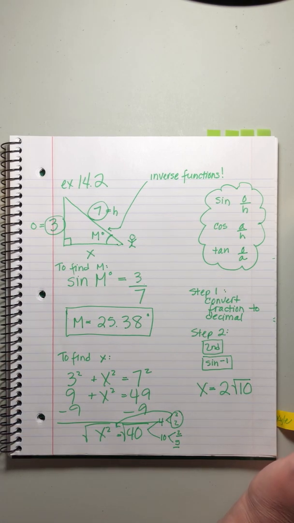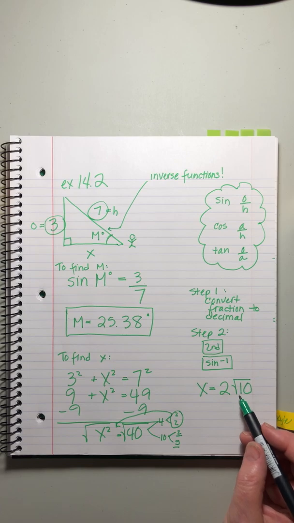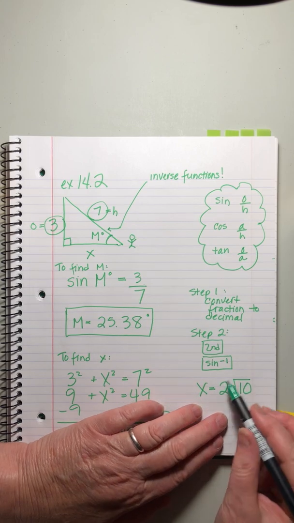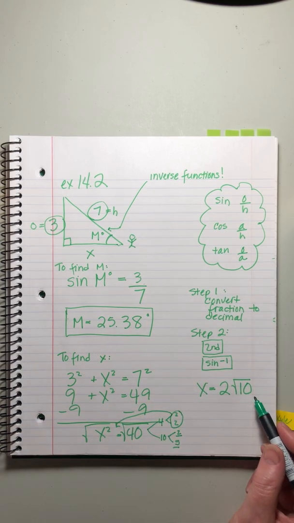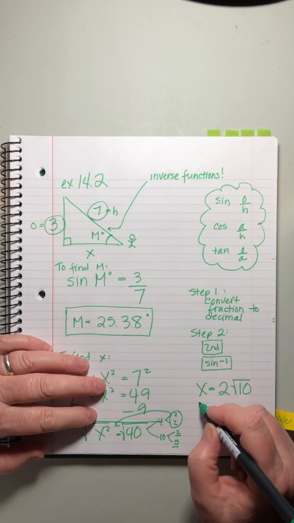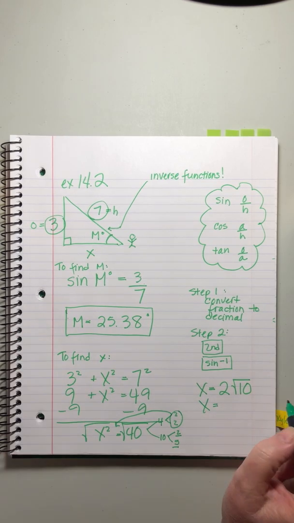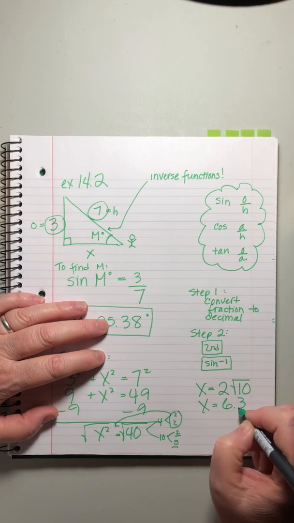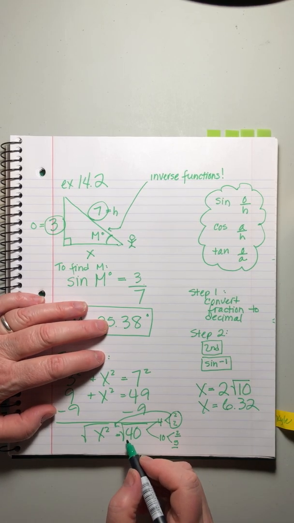And from that, if you want to, this is a perfectly fine answer for me. John in the book takes this and calculates a decimal value for this. He doesn't want the radical sign. So that is 6.32. But he also got square root of 40.